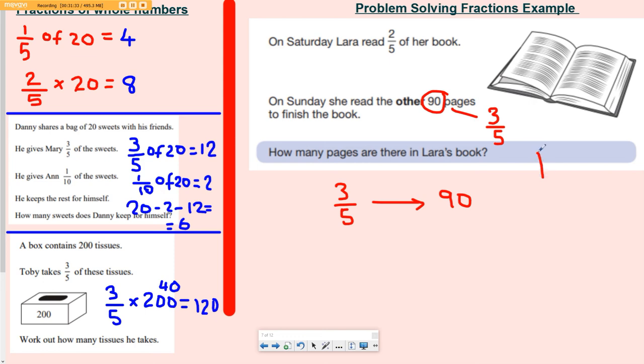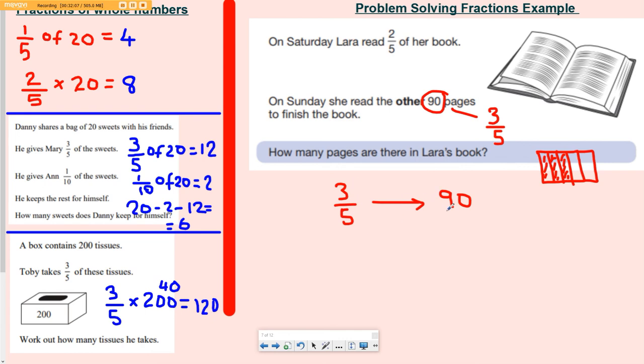So let's say we have this bit, so that's 1, 2, 3, 4 and 5. So this bit is 1/5, 2/5, 3/5. So what we want to do is find out what 1/5 is, then we're in business.